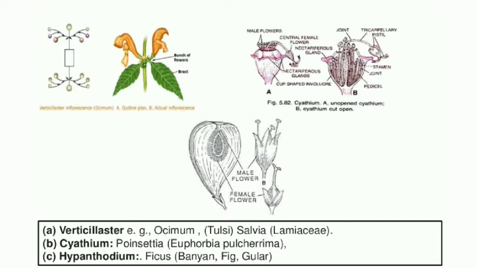Right. Then second type is cyathium. In this case, the male and female flowers are morphologically different. Flowers are unisexual and both are morphologically different, and both male and female flowers are covered by the thalamus, covered by cup like structure.